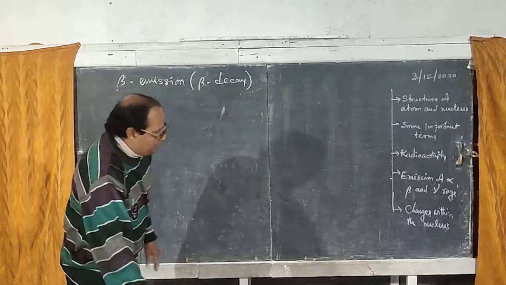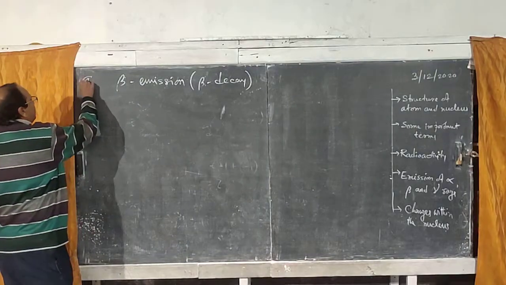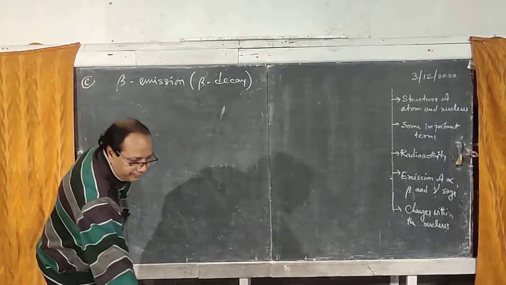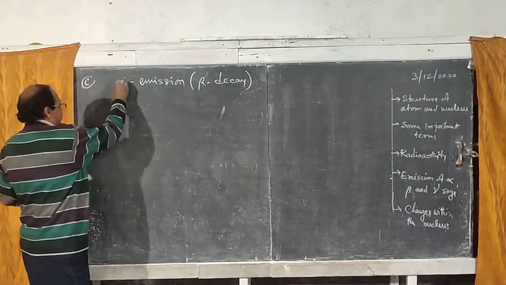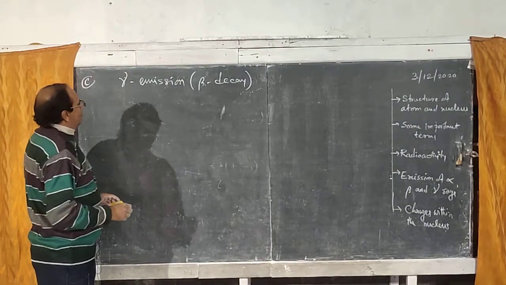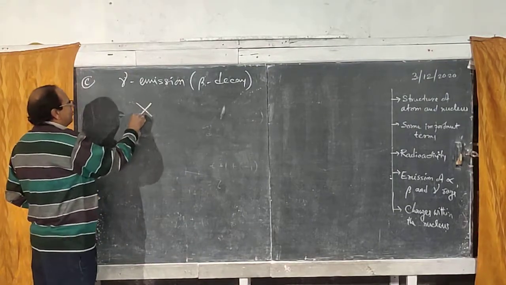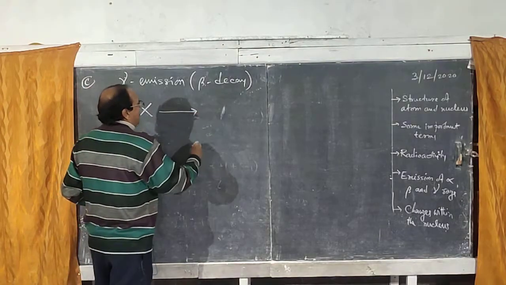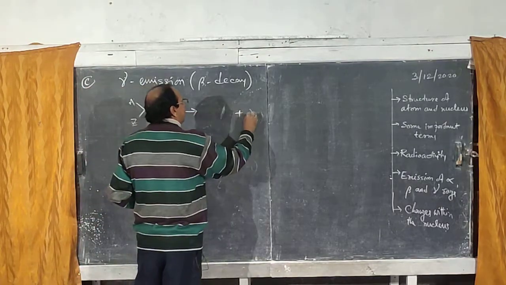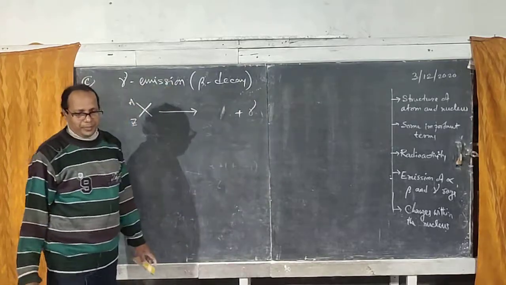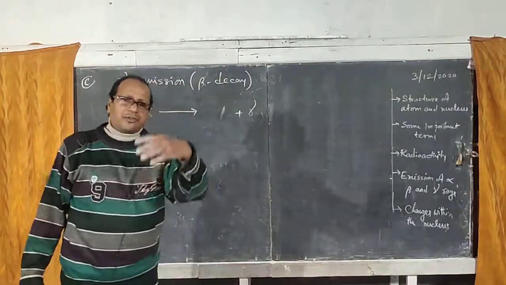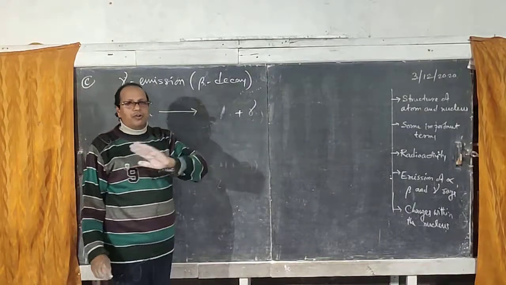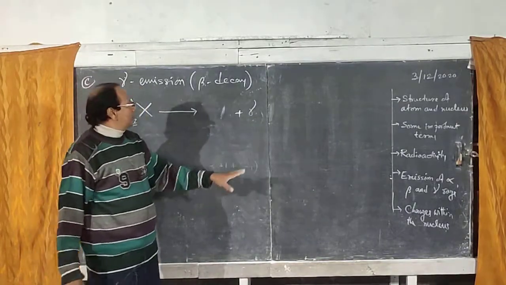Now we will go for gamma emission. So here the general formula is X with atomic number Z and mass number A, and it gives out one gamma emission or gamma particle. As I talked about, gamma has no charge, no mass, so everything is zero.